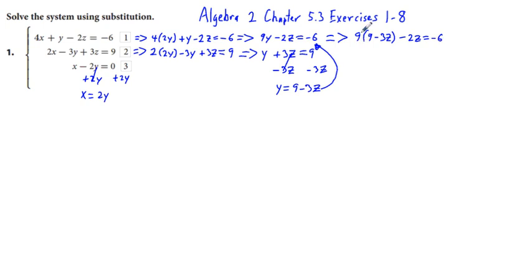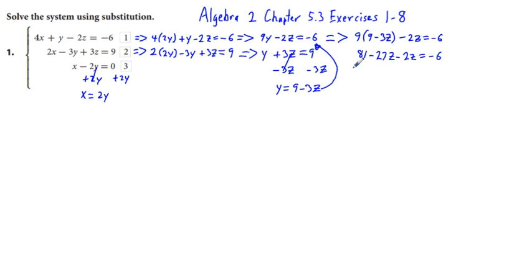So just distributing the 9 here, we have 81. And then 9 times negative 3z is negative 27z. And then we have minus 2z equals negative 6.